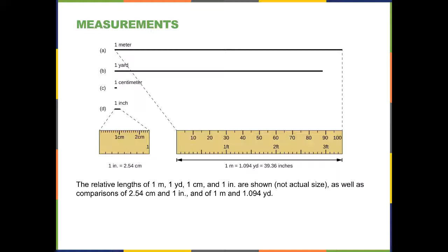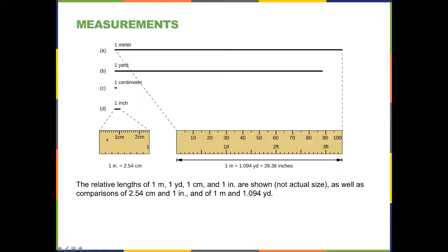A centimeter, centi means 100, so it means that it's 1/100th of a meter, or it takes 100 centimeters to make a meter. And down here you see you have 1 centimeter, and then you have 10 of these little things, which it would take 1,000 of these to make a meter. So each of these little ones are called a millimeter.